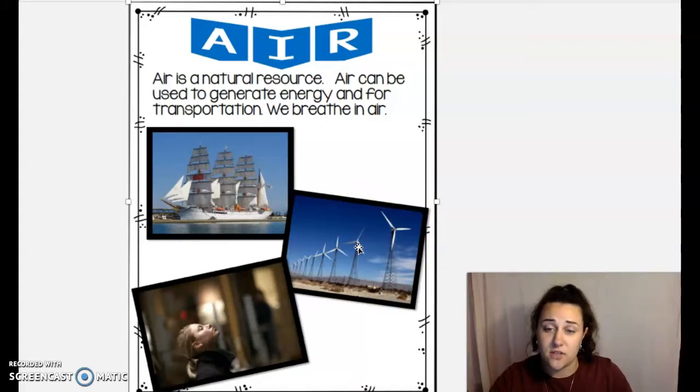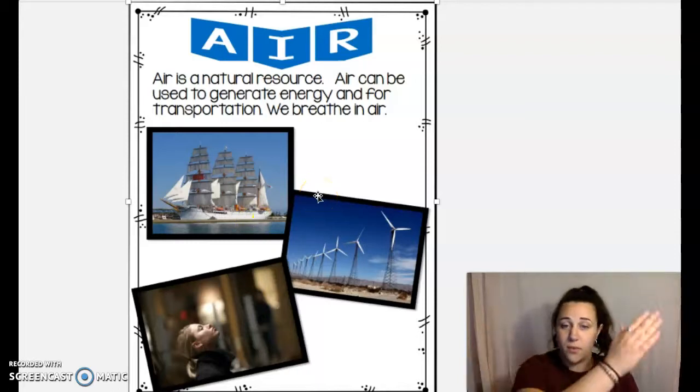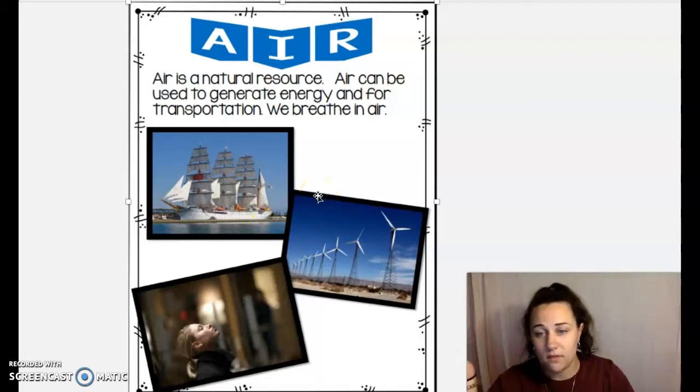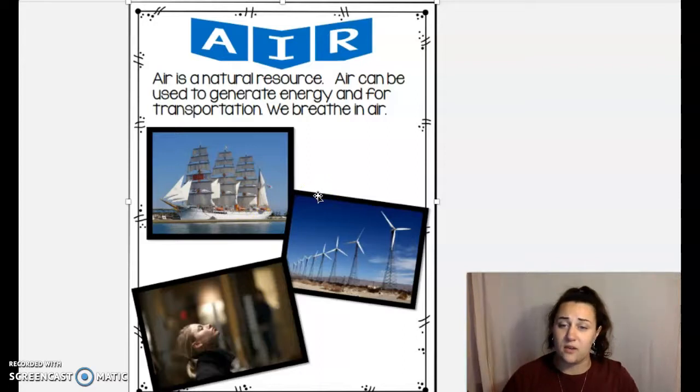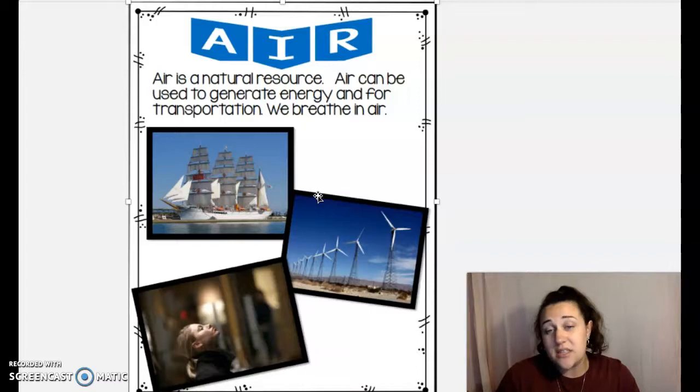And remember, we use energy for electricity, so we could charge stuff and have things that are electric. We also use it for transportation, just like those ships. If you see this, the sails help the boat move. When the wind blows, the boat moves. And we breathe air, friends. We would not be alive without air and being able to breathe it. So air is a natural resource, and these are just some examples of how we use them.